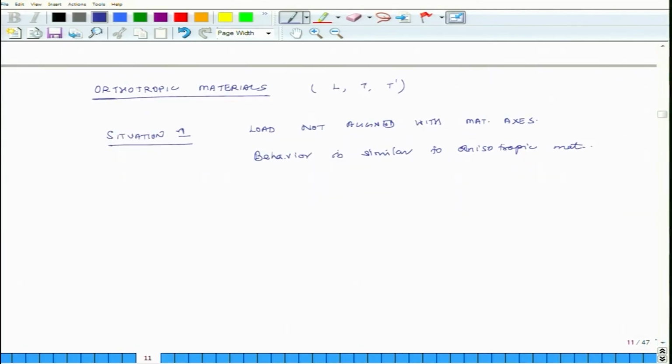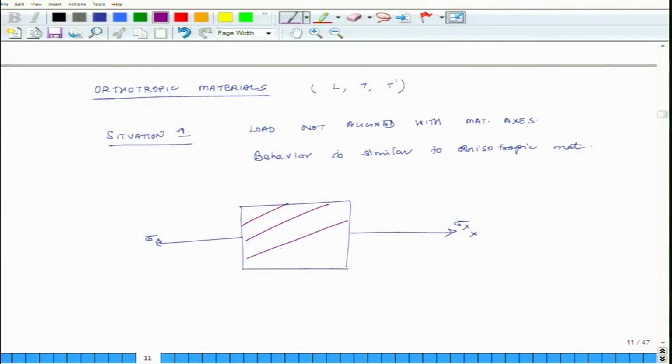So what do I mean when load is not aligned with the material axis? Let us say this is the material and I am pulling it in the x direction. So this is my x direction, sigma x, and the material axis is not aligned. The material axis could be at some angle. So maybe this is the L direction, so fibers are running at an angle theta.